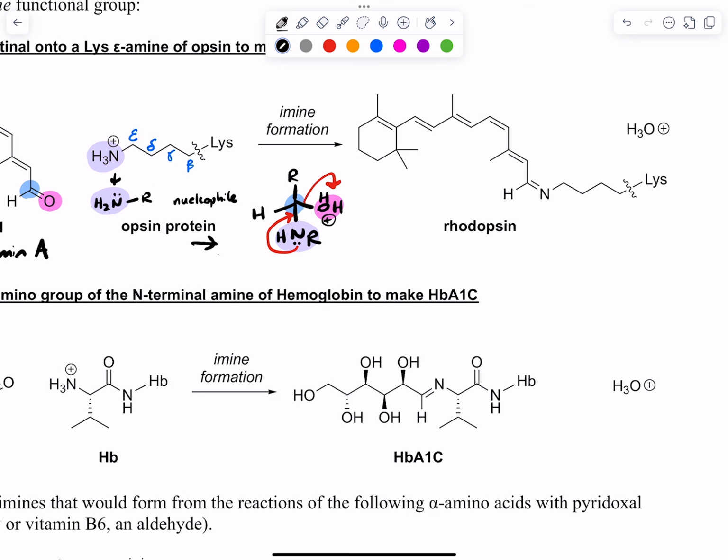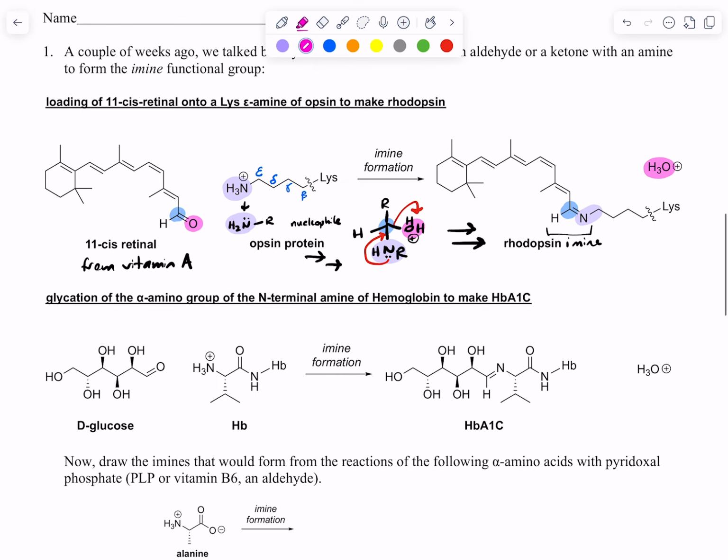And ultimately, after a proton transfer, you end up with this molecule, which is called an imine. This is the imine functional group. This is the nitrogen that was the nucleophile. This is the carbonyl carbon. Where did the carbonyl oxygen go? It left as water. So this is imine formation.